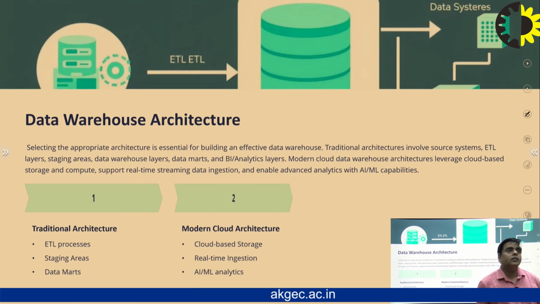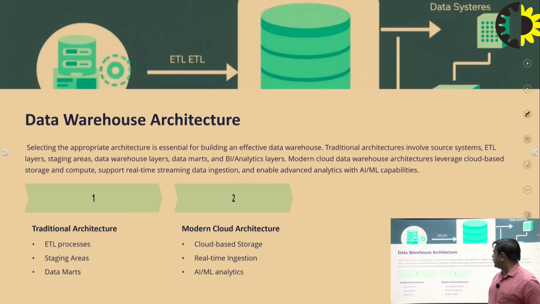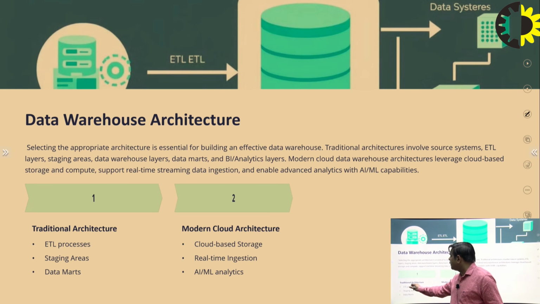And in the last, we will discuss the ETL process, because in the ETL process we mainly use two types of architecture: the traditional architecture and the modern architecture. In traditional architecture, we were using the ETL process, staging area and data marts.